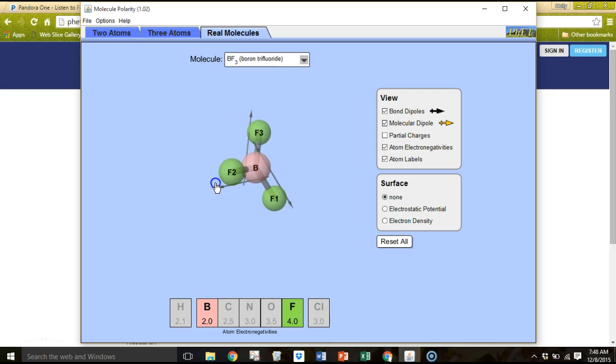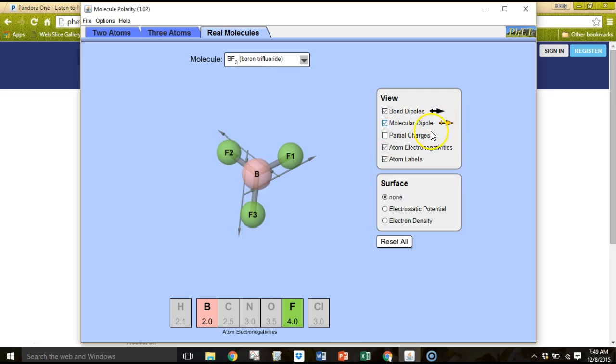Notice, though, that even though each of these individual bonds is polar, so electron density is being pulled towards F with each of these bonds between B and F, we don't see the yellow arrow appearing anywhere. This is more a physics thing that we've looked at, vectors, which are directional arrows.